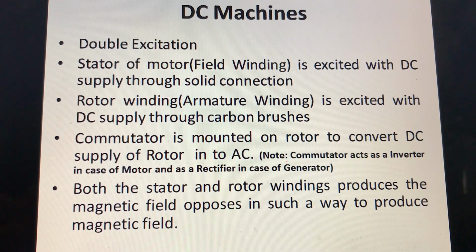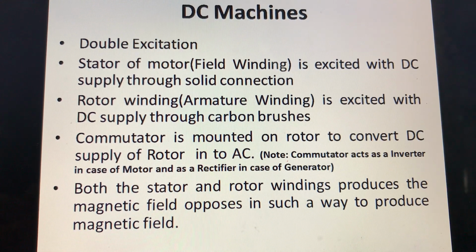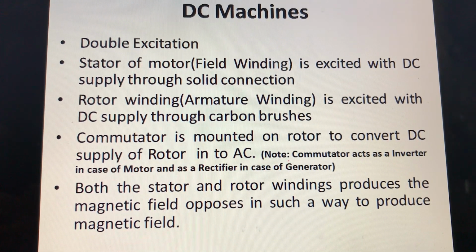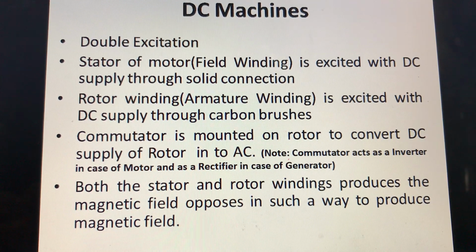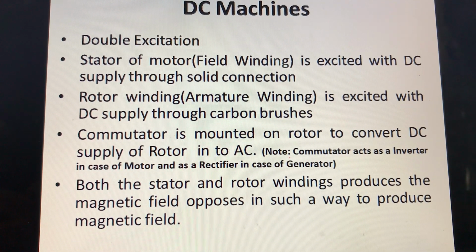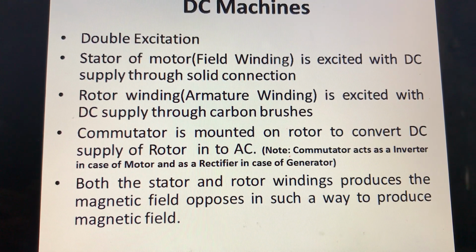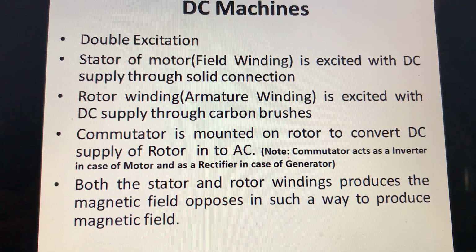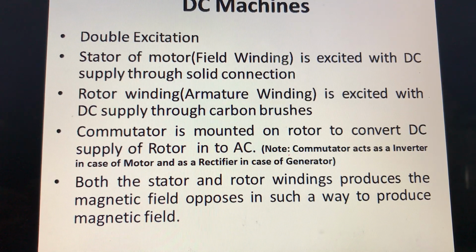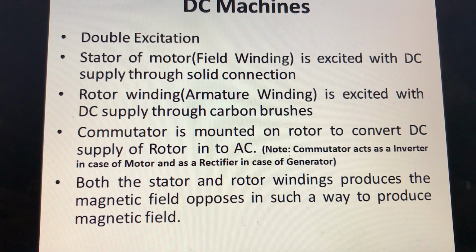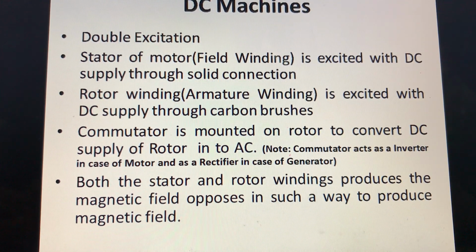Then there are DC machines. They are also doubly excited machines. The stator of the motor, on which the field winding is there, is excited with DC supply through solid connections. The rotor winding, that is the armature winding, is excited with DC supply through carbon brushes. So we are giving double excitation. And the commutator, which is mounted on the rotor, converts the DC supply of the rotor into AC.